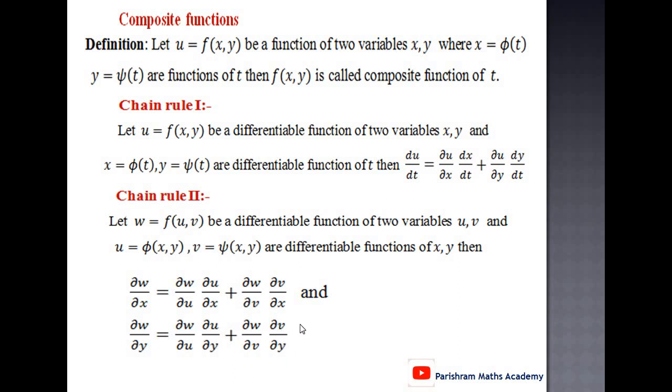These are the partial derivatives of function w with respect to x and y. Here w is nothing but a function of u, v and u, v are nothing but functions of x and y.